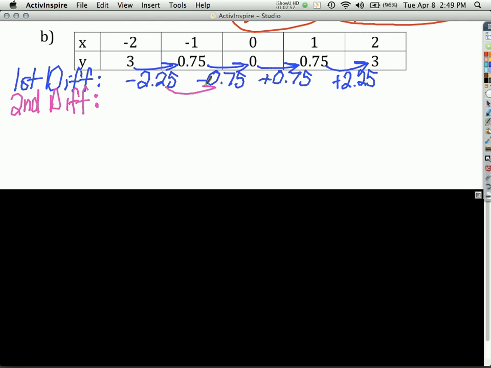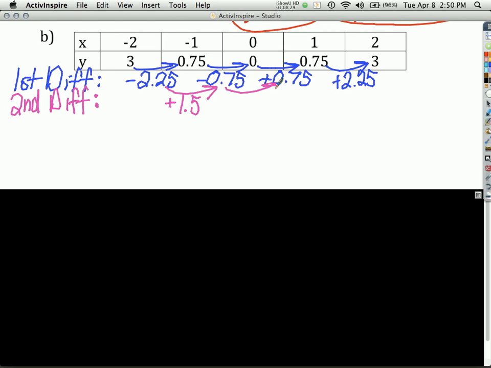so now, what do we have to do to go from negative 2.25 to negative 0.75? That's a little bit tougher. Good, I see people took out their calculators trying to figure it out. What'd you get, Sebastian? Yeah, add 1.5.